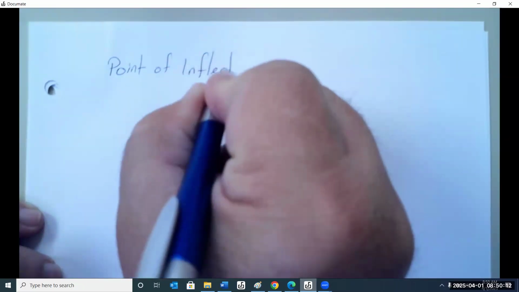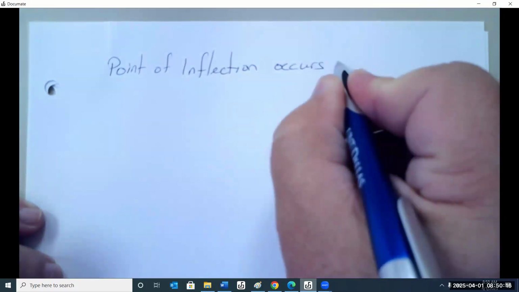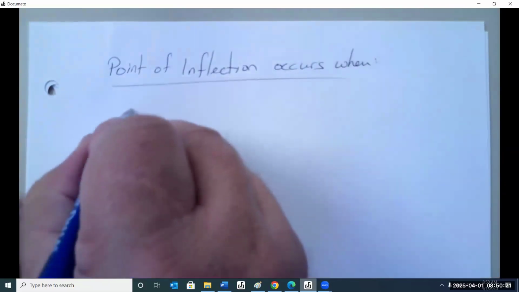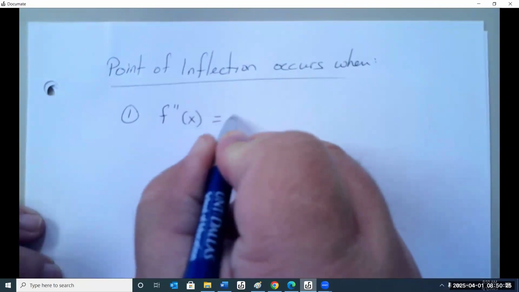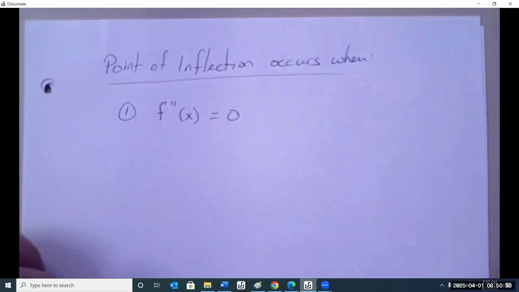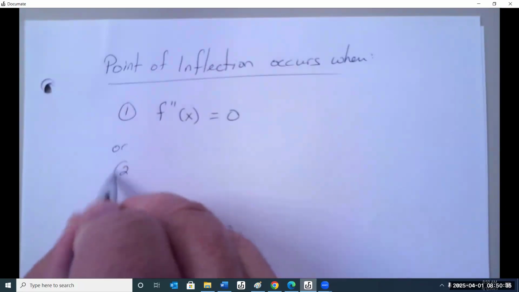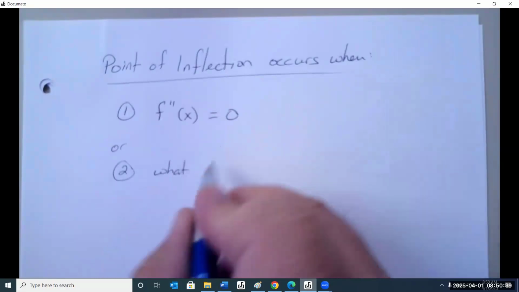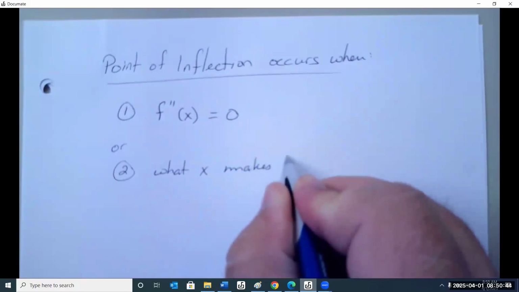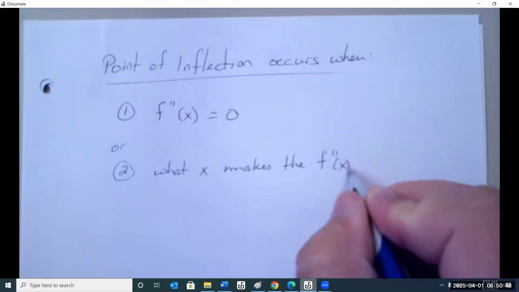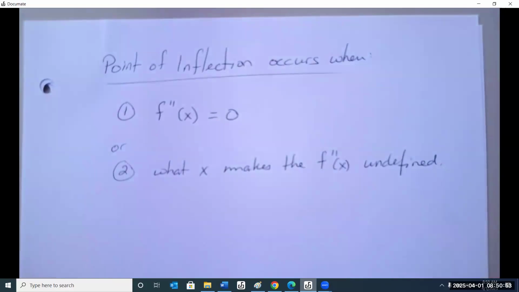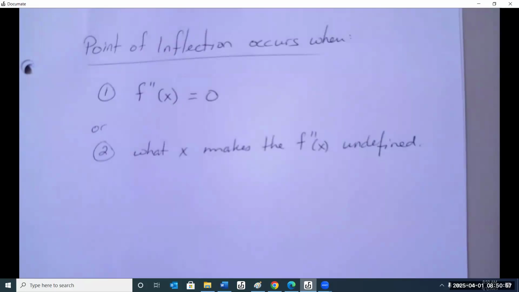Which now brings us to our actual formal description. A point of inflection occurs whenever x makes that equal 0, or whatever x value makes the second derivative undefined, which is the vertical asymptote of the second derivative.